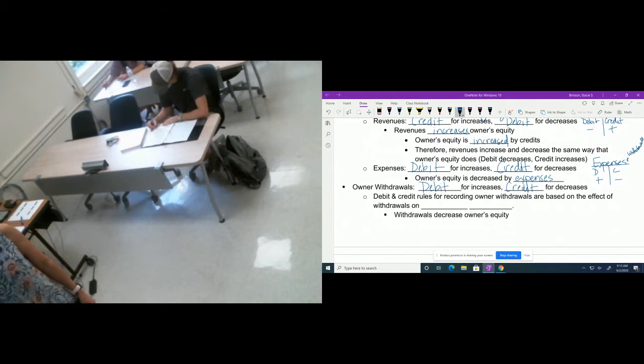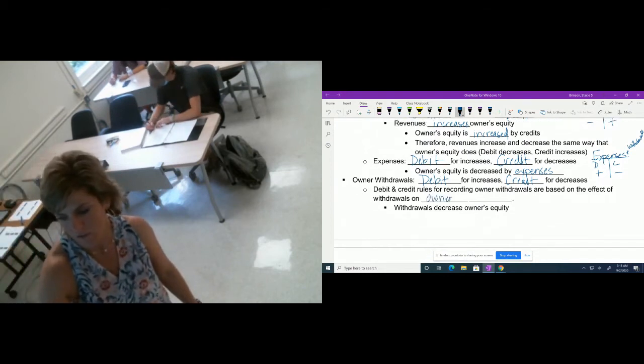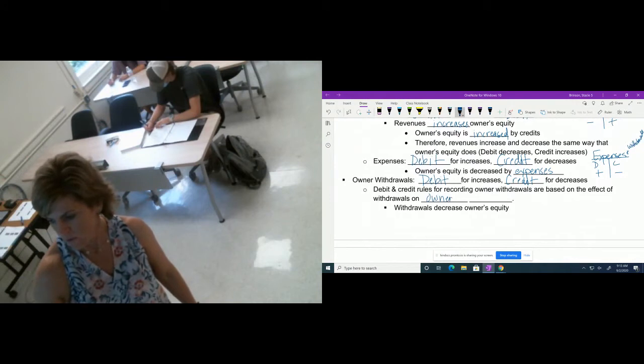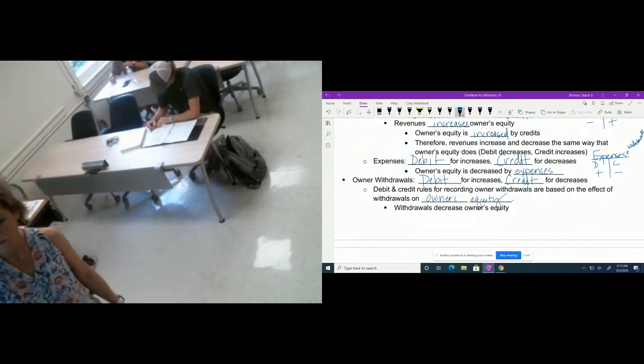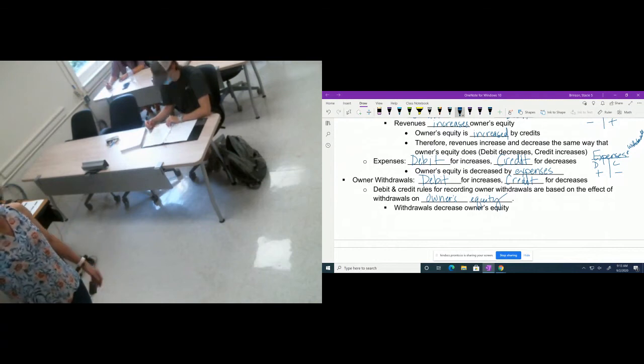Debit and credit rules for reporting owner withdrawals are based on the effect of the withdrawals on owner's equity, and they decrease owner's equity. We've already learned that. So we'll handle them the opposite way. Okay, here we go. Owner's equity is decreased by withdrawals. We already know this. Okay, so the next thing we need to talk about, normal balances.